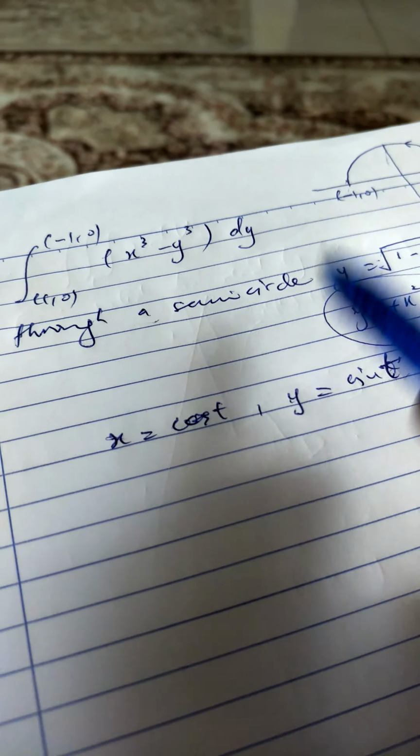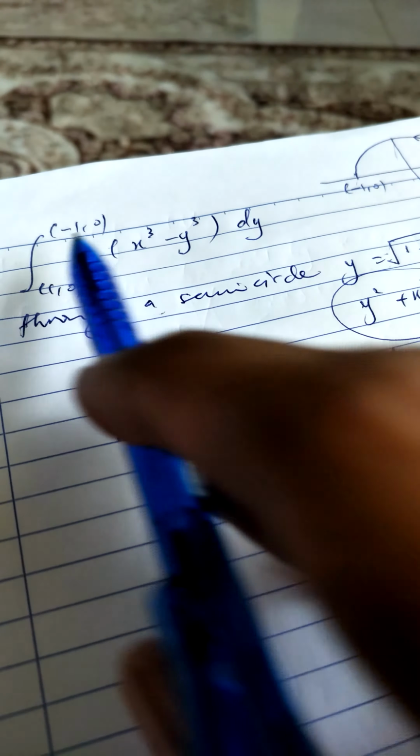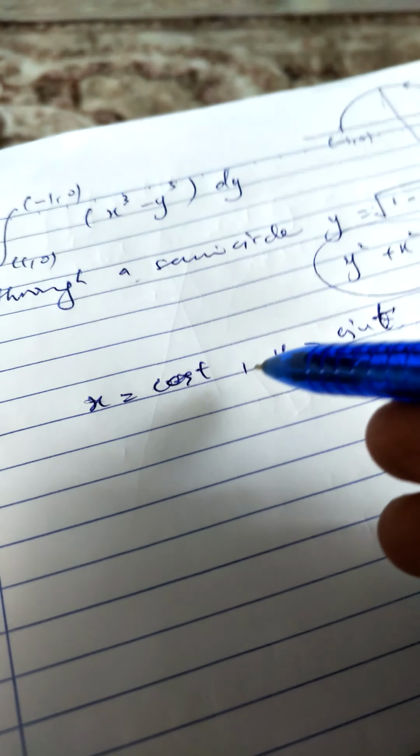Now if you integrate that, t from 0 to pi, here you have x cubed, cos cubed t minus sin cubed t, dy. You need to differentiate: dy is cos t dt.